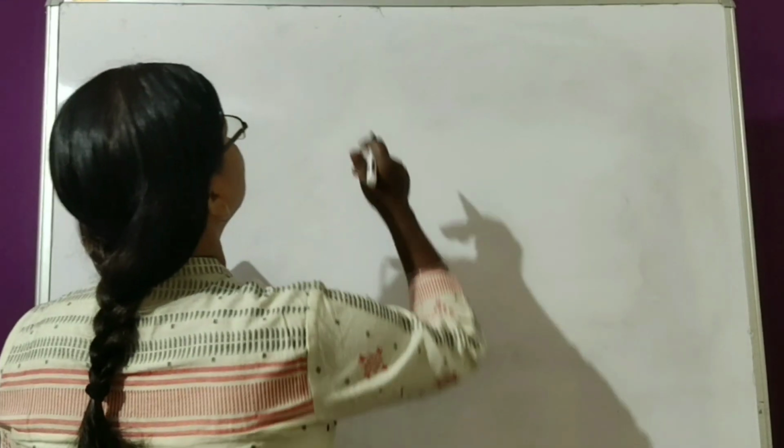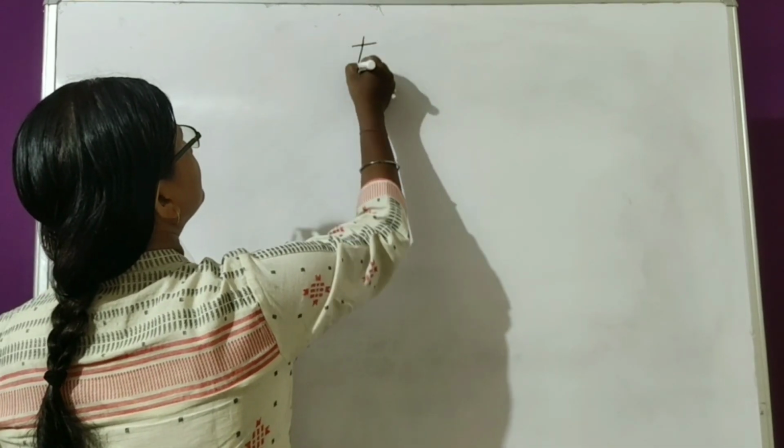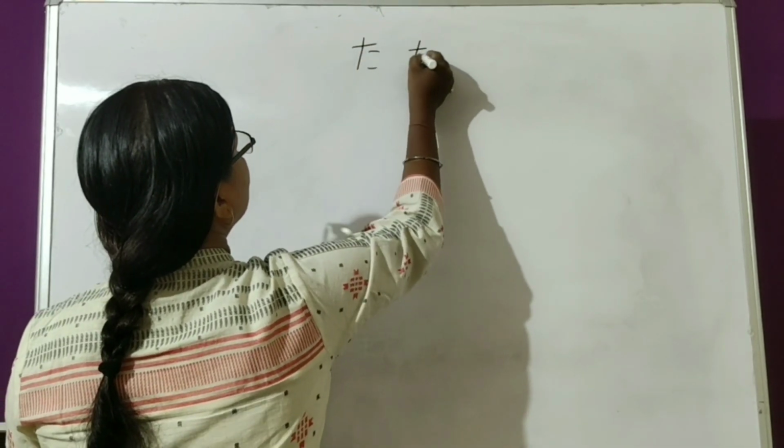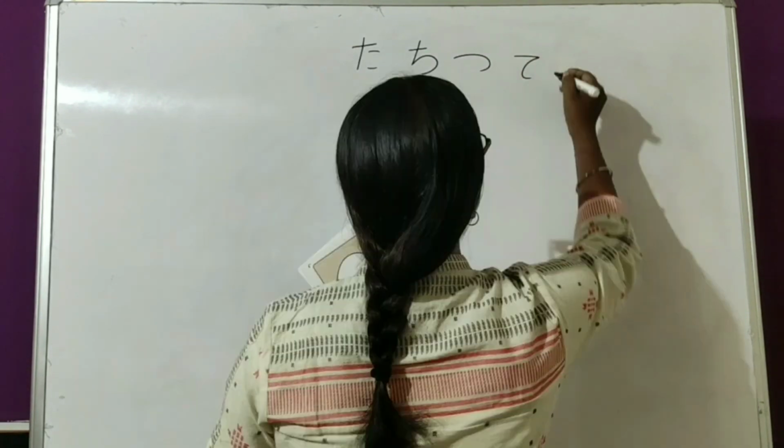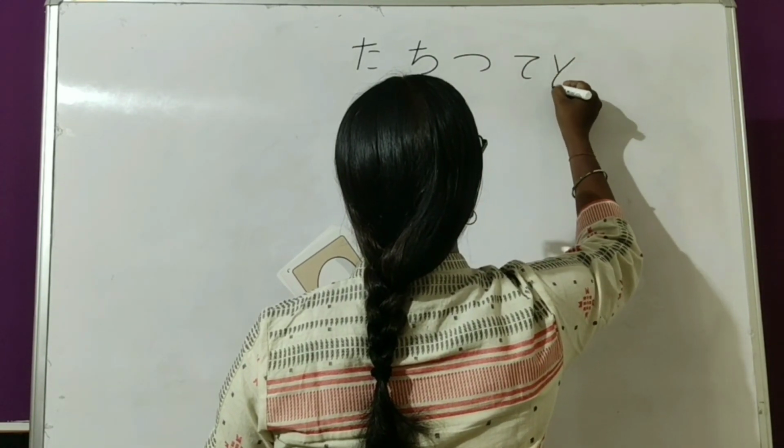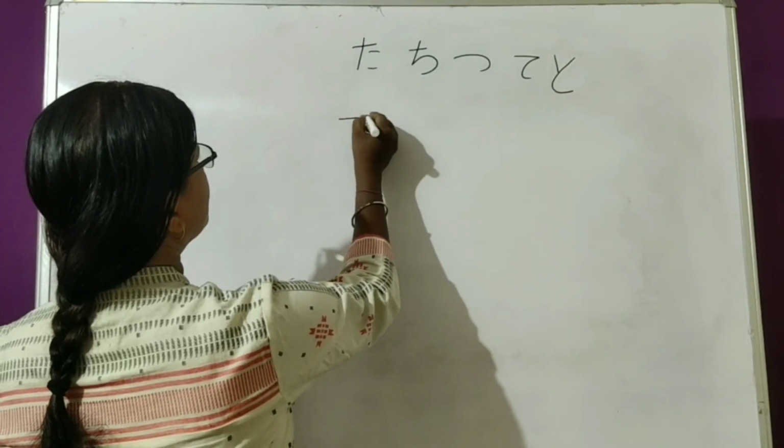Let's learn how to write ta, chi, tsu, te, to. Ta.